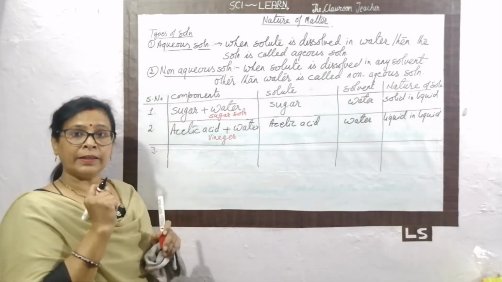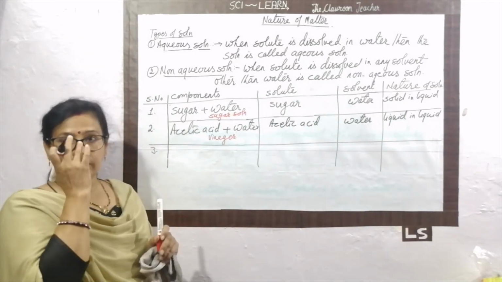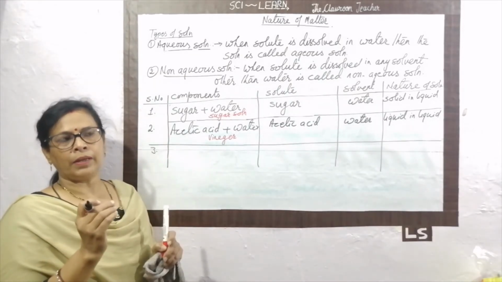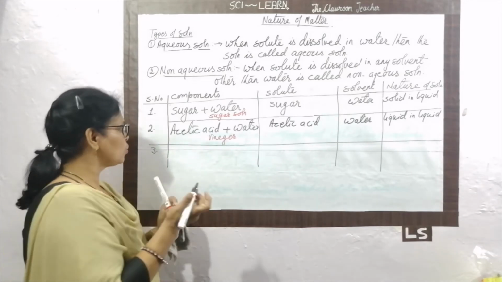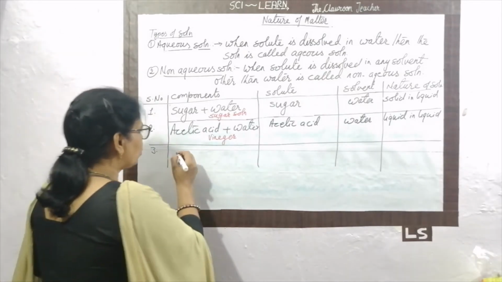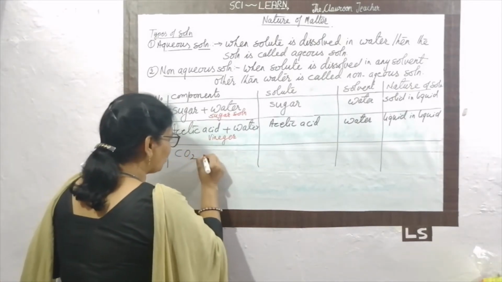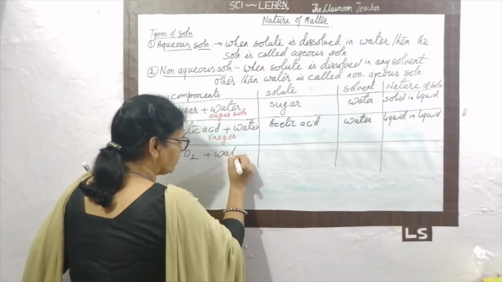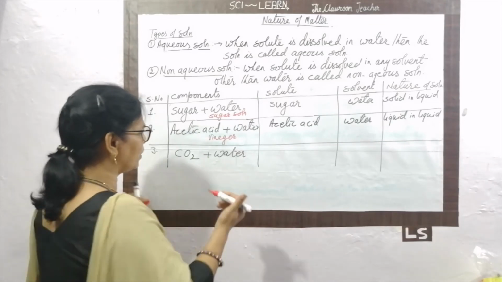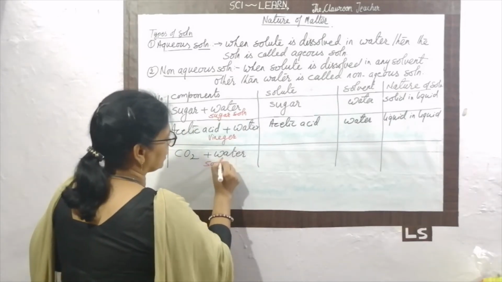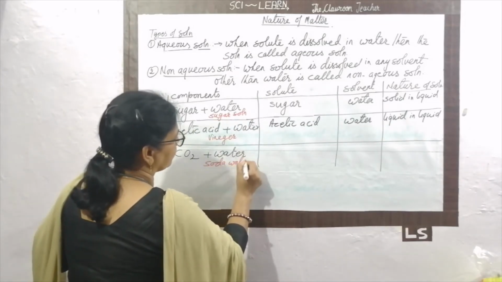One more example that you know very well is soda water. Soda water is actually the combination of carbon dioxide and water. You must consider all the cold drinks in this section, but I am taking only the example of soda water.